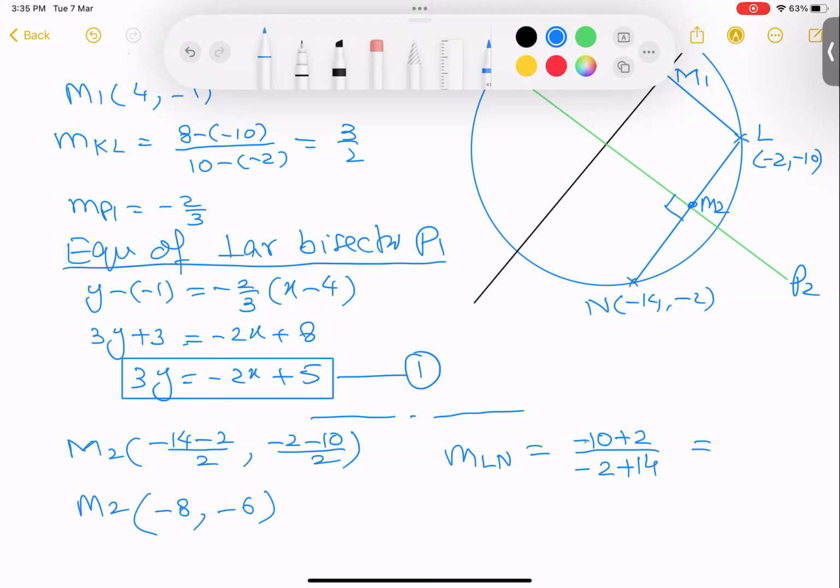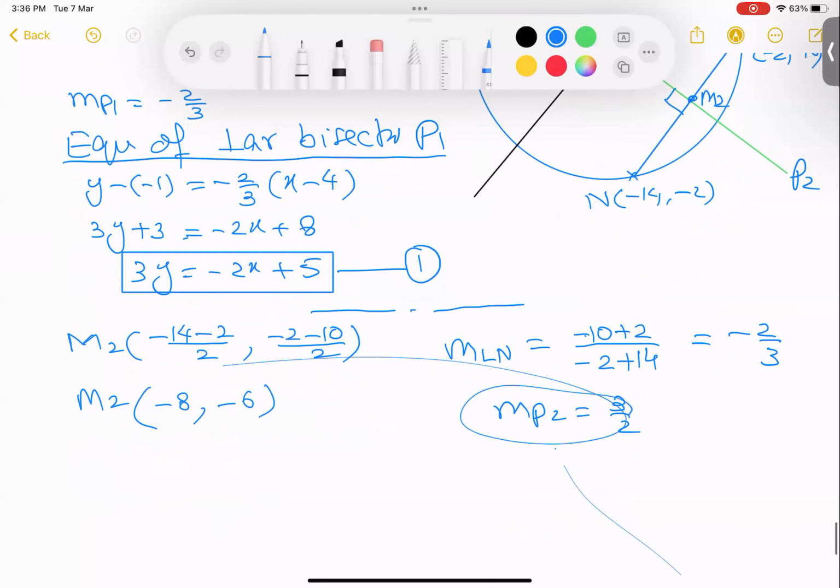Negative 8 comes in the numerator and plus 12 in the denominator, so negative 2 by 3. So the perpendicular gradient P2 becomes 3 by 2, positive. So recheck again: y2 minus y1, and x2 minus x1. Yes, correct. So now I'm going to use these two.